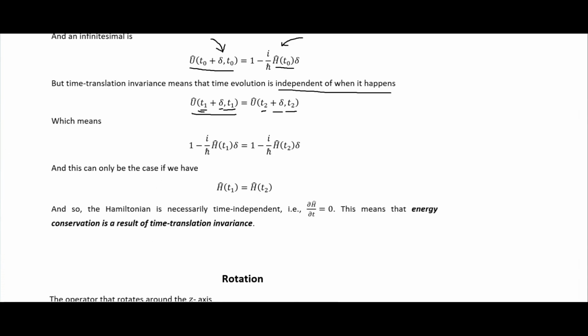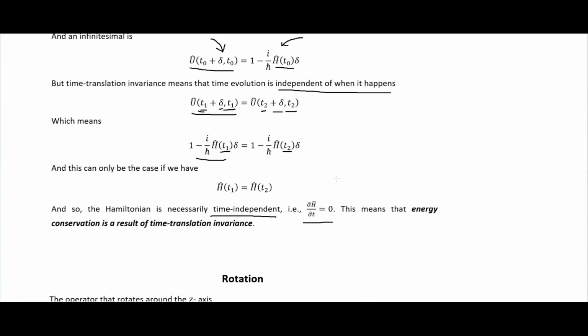And so this means that the Hamiltonian starting at T1 is just equal to the Hamiltonian starting at T2. And so the Hamiltonian is necessarily time independent. So we have this explicit time dependence being 0.